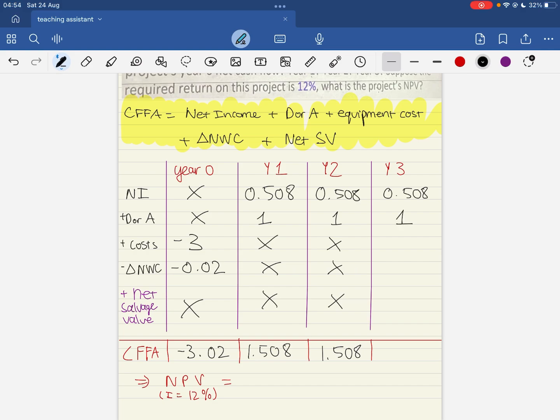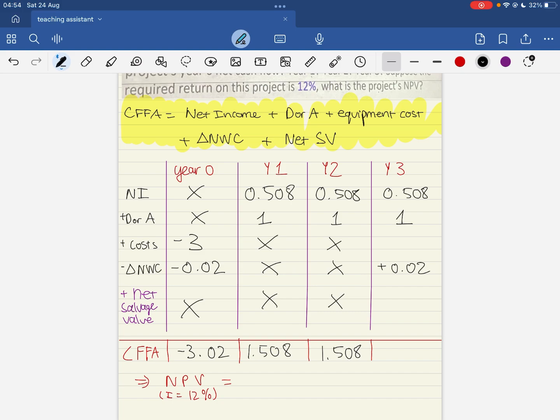And as I have explained before, the change in the net working capital is often recovered at the end. So now we have plus 0.02. This is what I mean by recovery. The 0.02, which equals $20,000, will be added back.